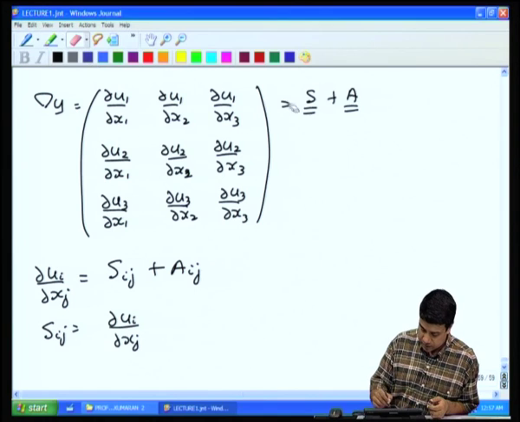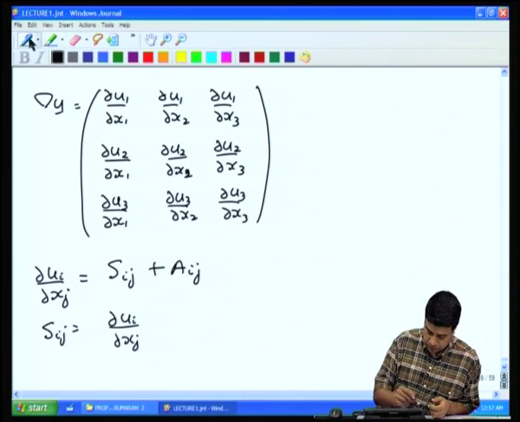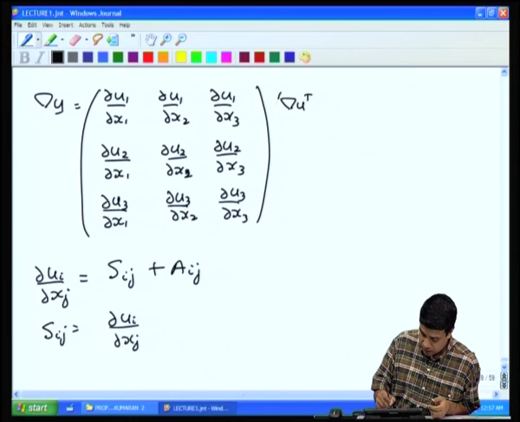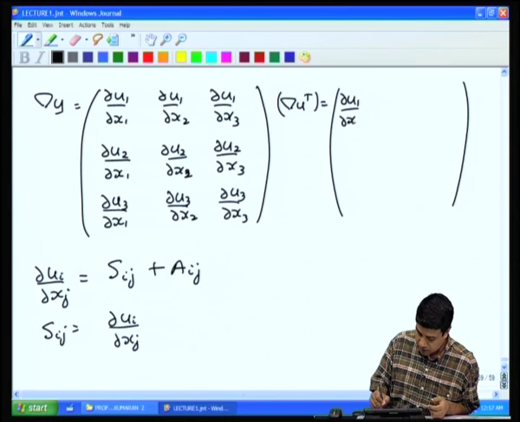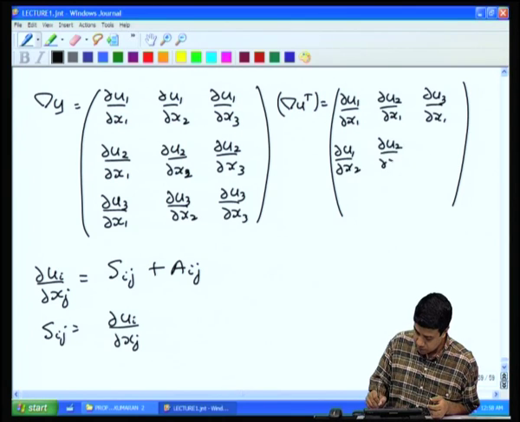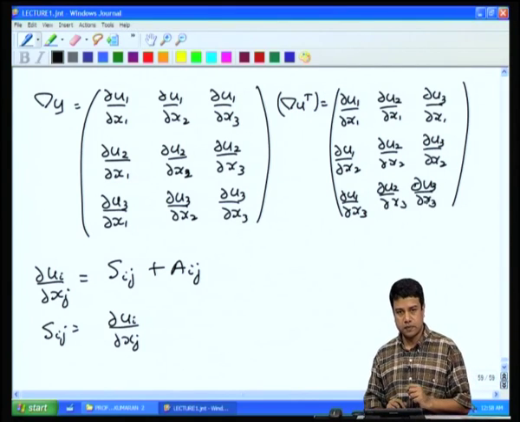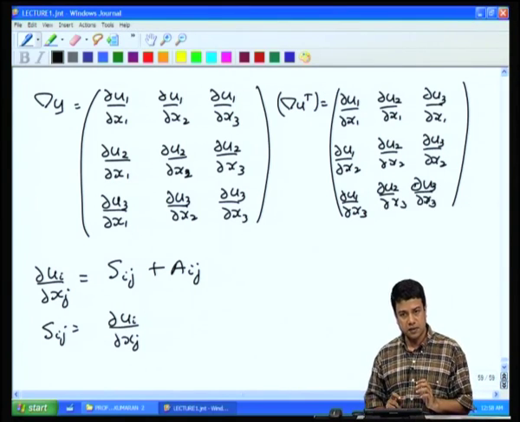Let me write the transpose, grad u transpose, equal to partial u1 by partial x1, and so on. That is the transpose.